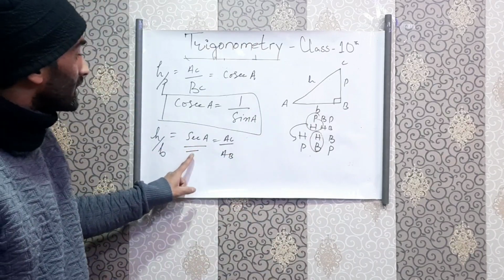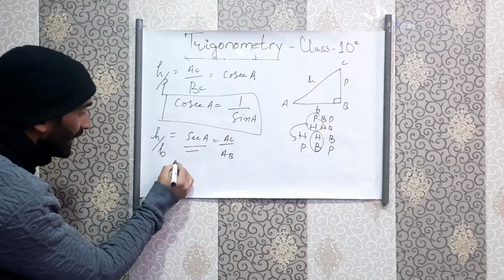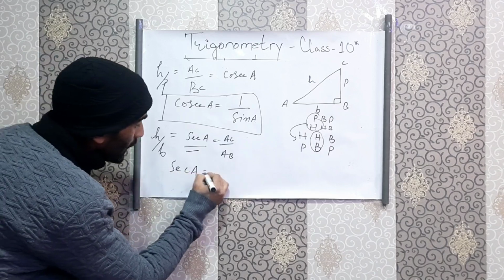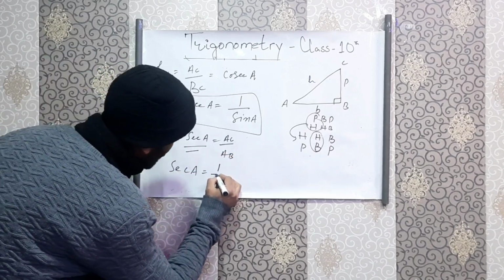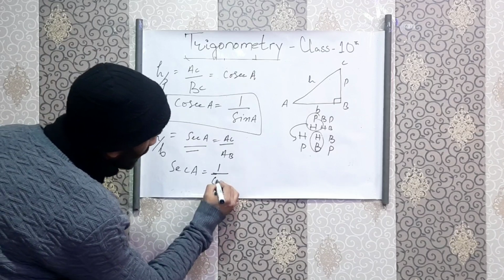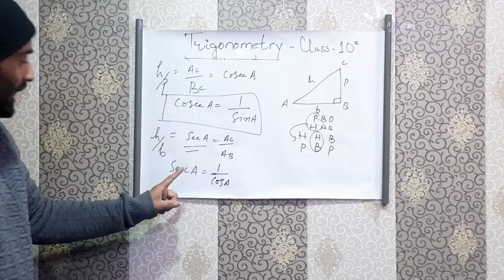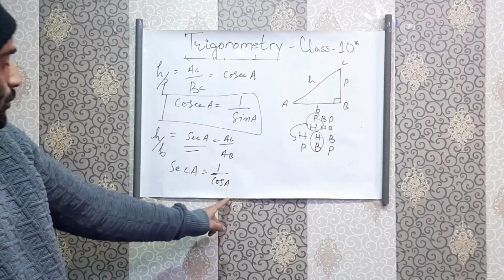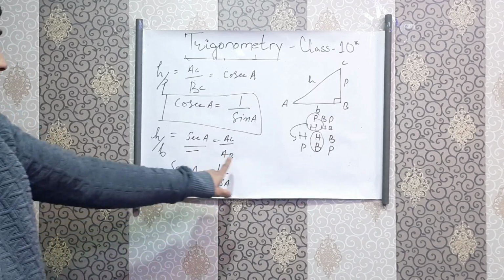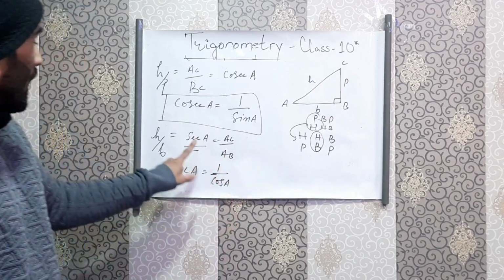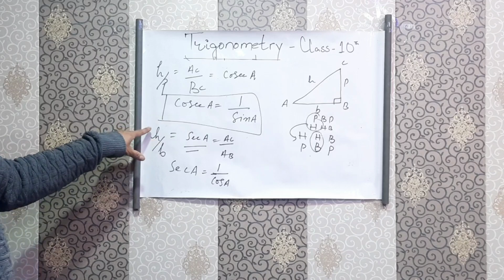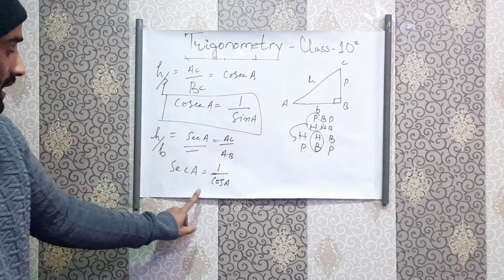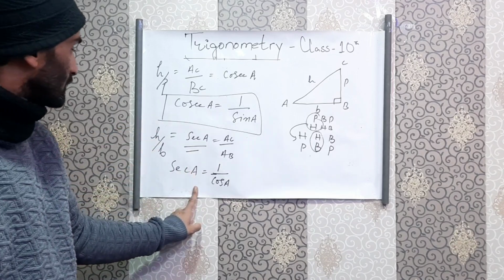So we can say sec A is the reciprocal of cos A, means sec A is equal to 1 by cos A, or sec A is equal to hypotenuse by base. Clear, my dear? This is the second ratio.